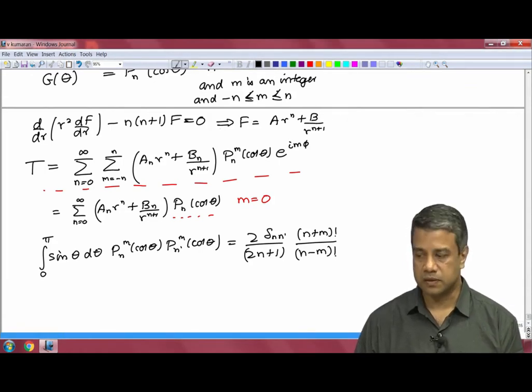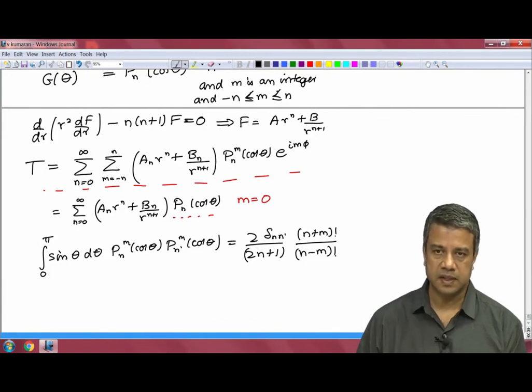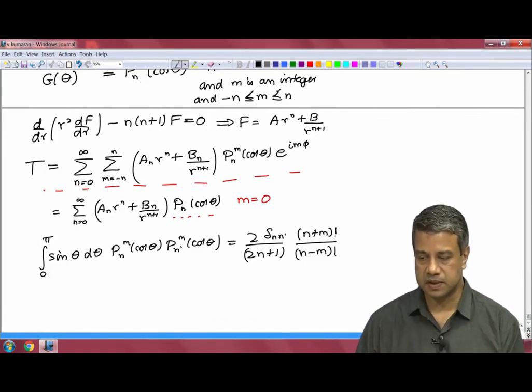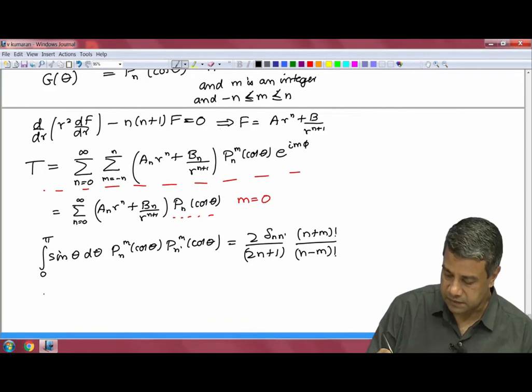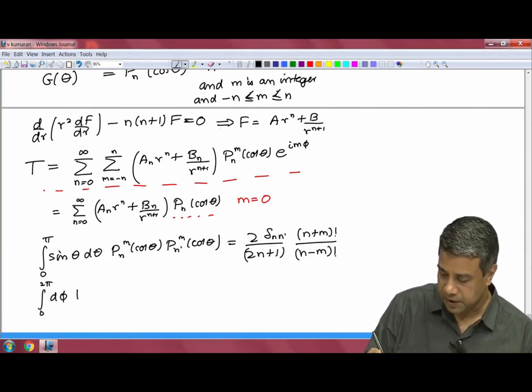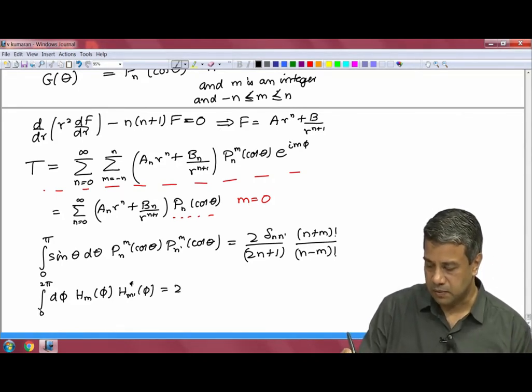When m is non-zero, then this is the normalization condition for the Legendre polynomials, and the normalization condition in the phi direction was that the integral from 0 to 2 pi d phi h m of phi h m prime star of phi is equal to 2 pi delta m m prime.